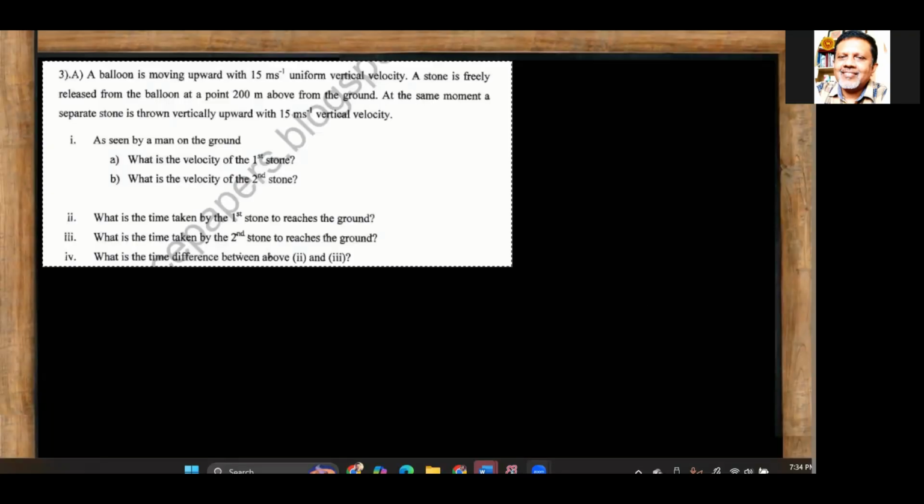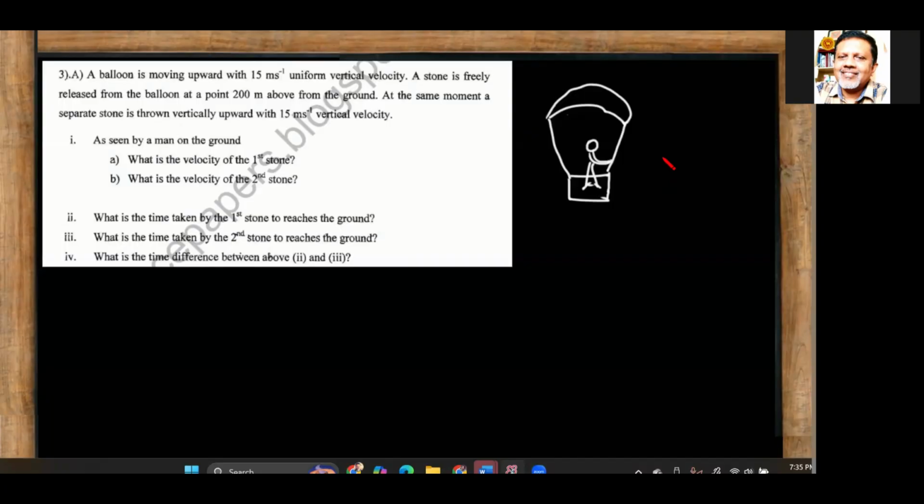Okay, so this is about a balloon, something like this. If you consider a balloon like this, a person inside the balloon is playing with a stone, right? That is what it says.